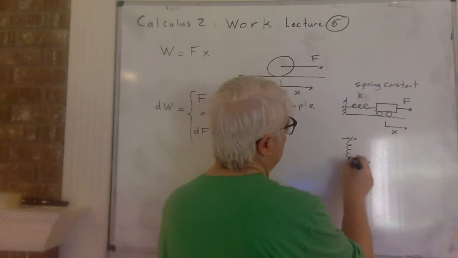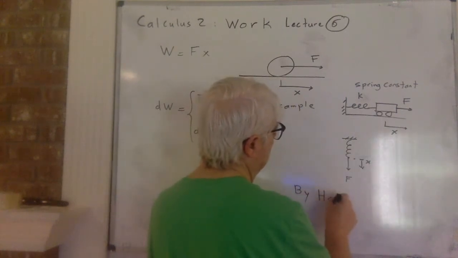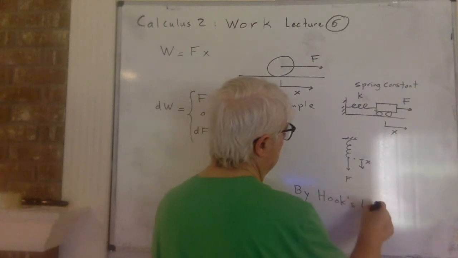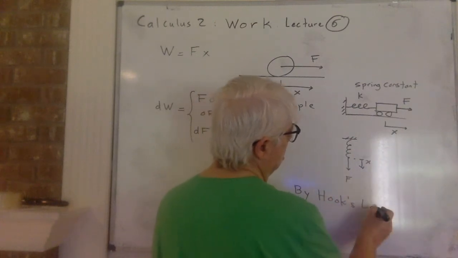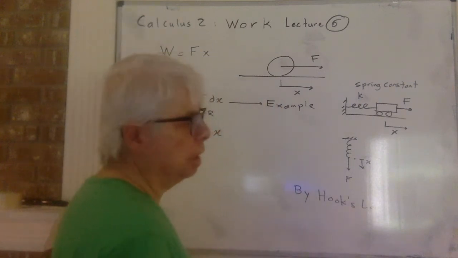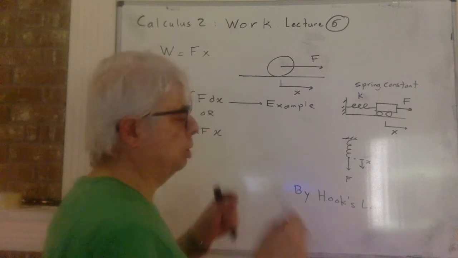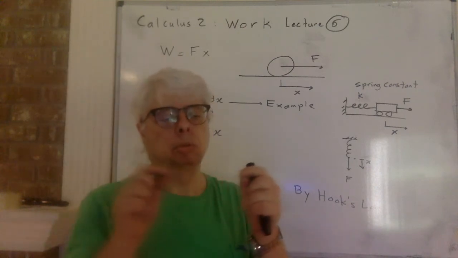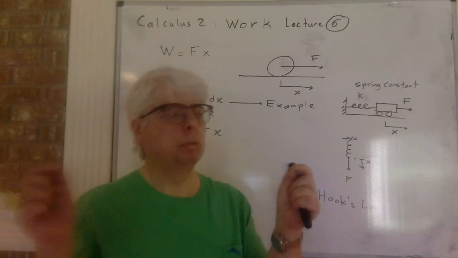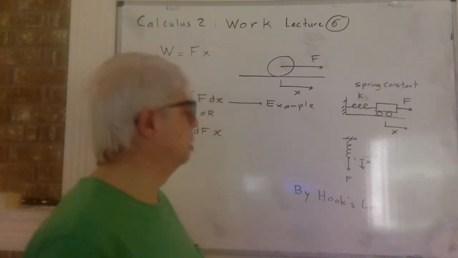Then by Hooke's law, if the spring stays in the elastic condition, it doesn't become plastic. Plastic means when you go too far and it collapses, and so it's no more a spring.